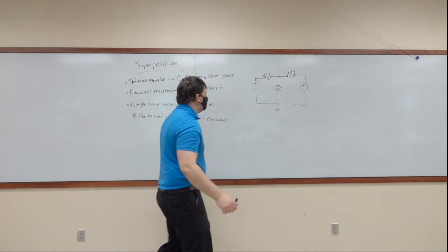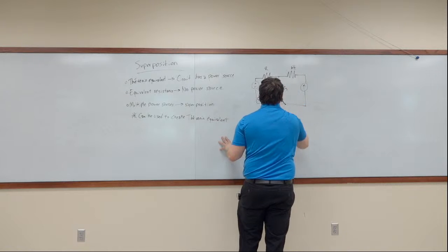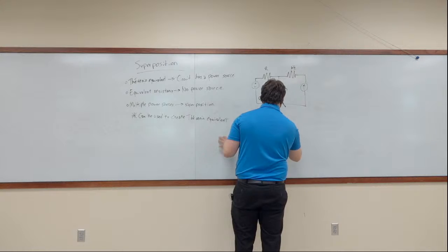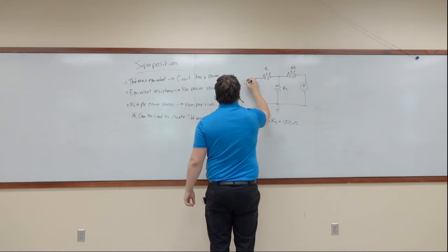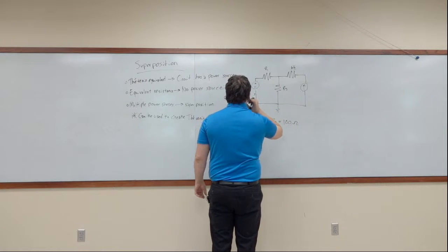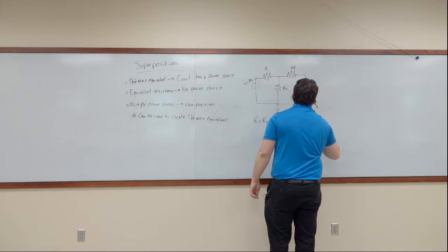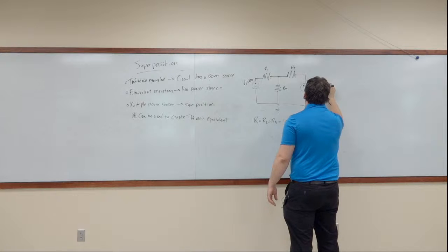If I have R1, R2, R3, let's say these are all 100 ohms, we'll say Vs is equal to, I don't know, 10 volts. We'll say Is is equal to, I don't know, 0.01 amps.